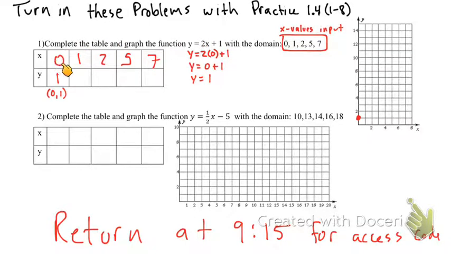So if you recall, I plugged in 0 for x. And I got y equals 2 times 0 plus 1. Did the math, and that's how I got y equal to 1 there. Now I'm going to do the same thing here. I'm going to plug in the x value of 1 into this x. So instead of 0, I'm going to plug in 1.